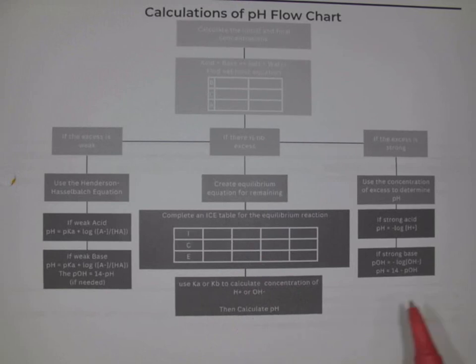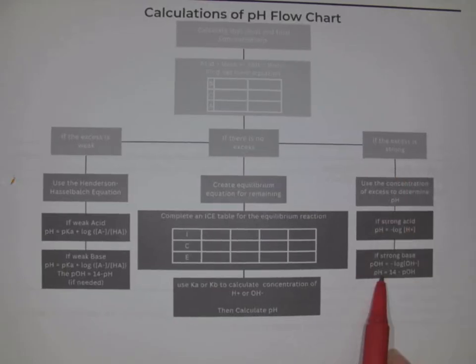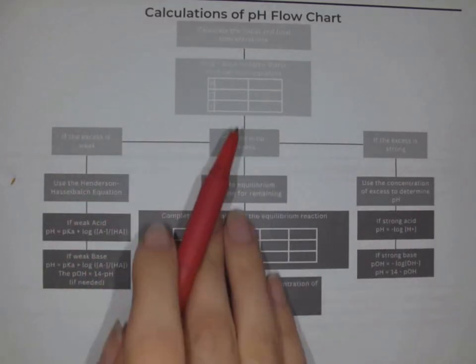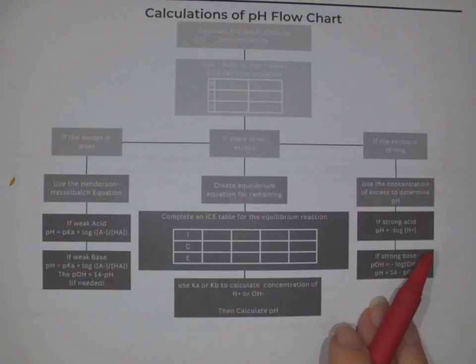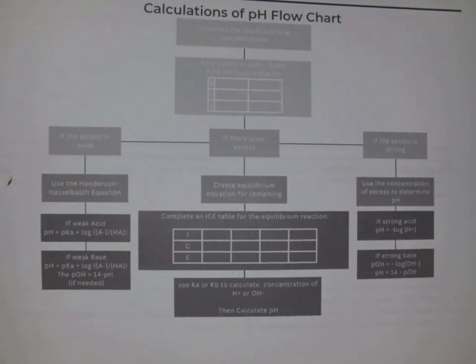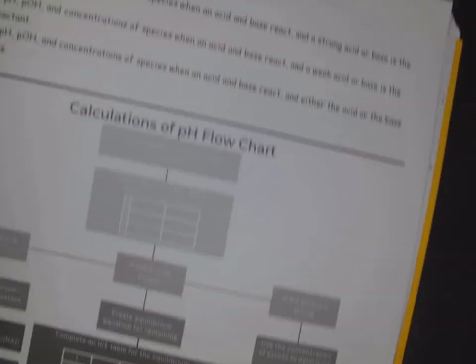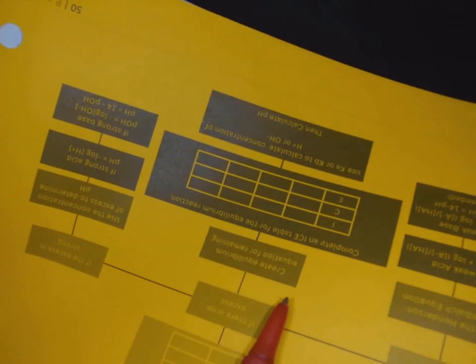And then I honestly believe this one is the easiest: when the excess, either the acid or the base, is strong, then we just do our pH. So we're going to look at each of these pathways and work through a couple of those problems. I'm going to be flipping back and forth to that, and also remember that I have the same table on the back of your packet.